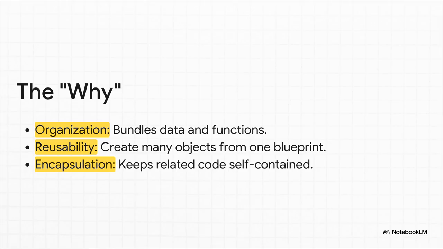They give you organization because all the data and the functions for one person are bundled together. That immediately leads to reusability. You write the blueprint once, and you can create 1,000, 1,000,000 different people from it. And this whole idea is called encapsulation, keeping related stuff together. It makes your code so much cleaner, way easier to read, and 1,000 times easier to fix when something goes wrong.